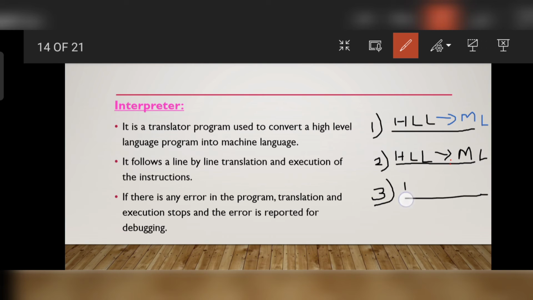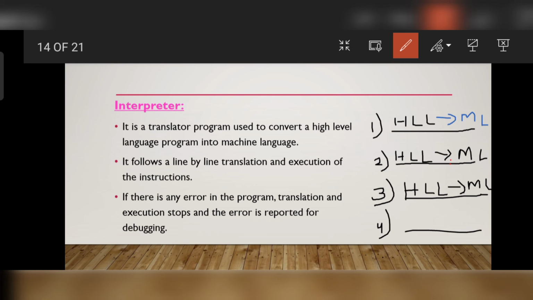If we enter the third line in high-level language, the interpreter will convert it into machine-level language. Again, it will continue with the fourth and fifth instructions, and it will give you the result. So once an error is found, the interpreter will stop the translation and execution.